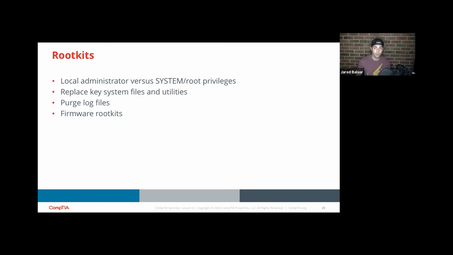Now, rootkits, we won't hit too heavy on a rootkit. Rootkits, this is where malware, or really in Windows, this is where malware can only be manually installed with local administrator privileges. And this means that the user must be confident enough to install these packages and to enter credentials or accept the user access control prompt, the one that we keep accepting in our labs.